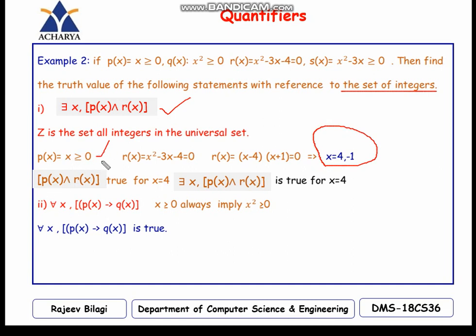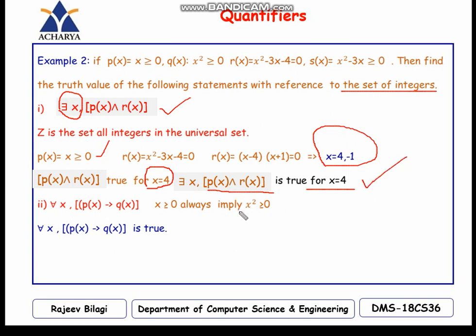Now with this statement, for x is equal to 4, both the statements are true. P of x is true, that is x is greater than or equal to 0, and R of x is also true. Since it is mentioning "for some" values of x, for x is equal to 4, this entire statement is true.